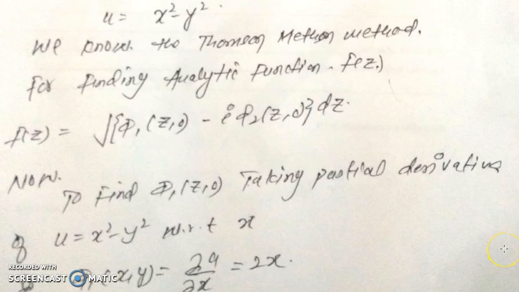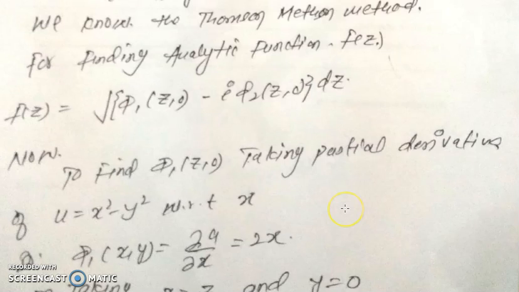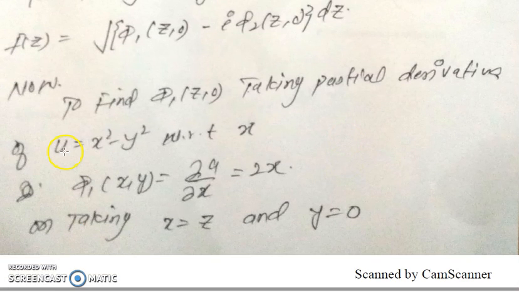So what are phi 1 and phi 2? Here phi 1 is the partial derivative of the real part with respect to x. But if we differentiate u partially with respect to x, then it is not phi 1 (z, 0). This is phi 1 (x, y), because u is a function of x and y.